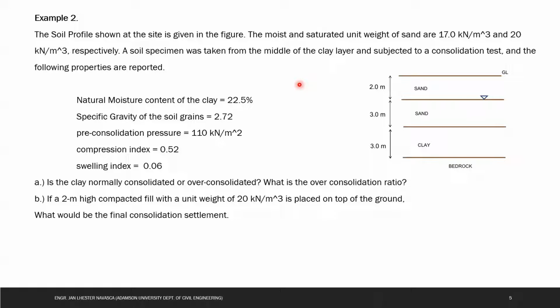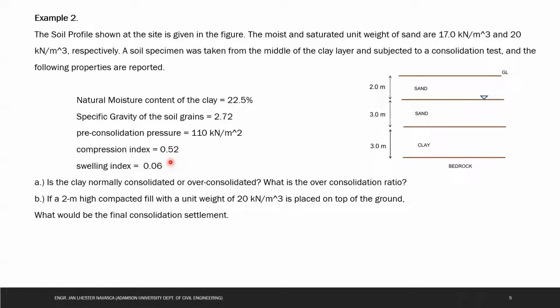A soil specimen was taken from the middle of the clay layer and subjected to a consolidation test, and the following properties are reported. The natural moisture content is 22.5%. We have a specific gravity of the soil of 2.72, a pre-consolidation pressure of 110 kPa, or kilonewton per square meter, a compression index of 0.52, and a swell index of 0.06.